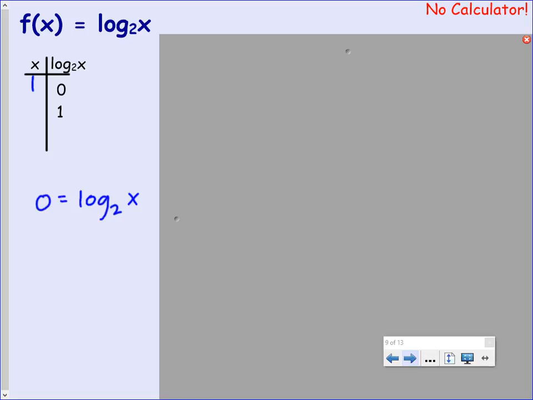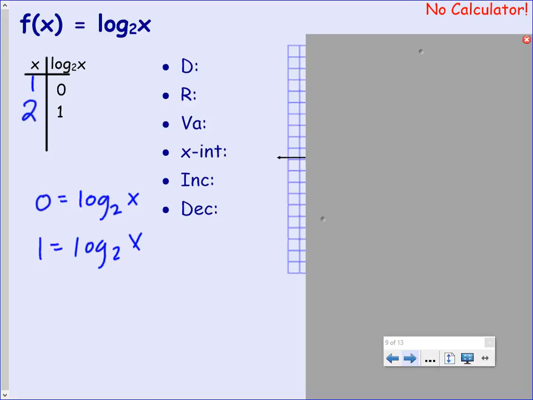If you put 1 in for the other y, then you're saying, what is x so that the log base 2 of x is equal to 1? Then x must have been 2, if you look back at your property of logarithms. So this is the ordered pair (1, 0), and this is the ordered pair (a, 1), where my base is now a, so (2, 1). That will change with whatever base you're working with, but you're guaranteed those two points on the basic log function.